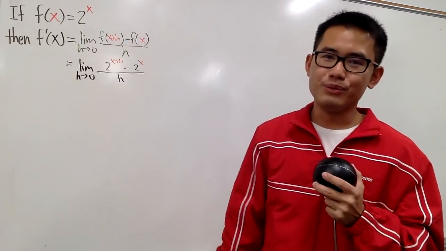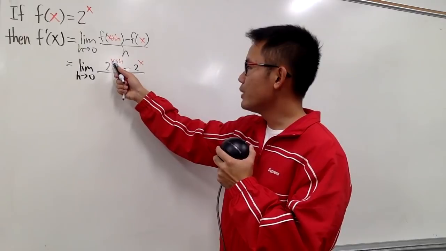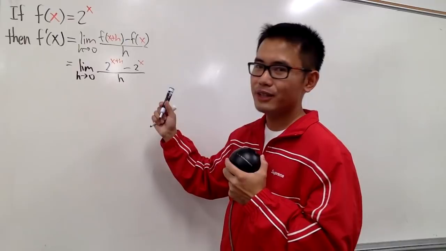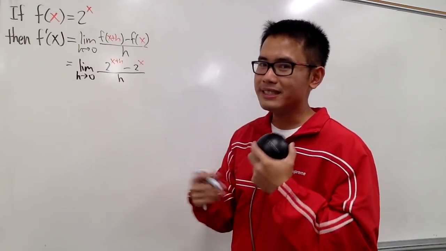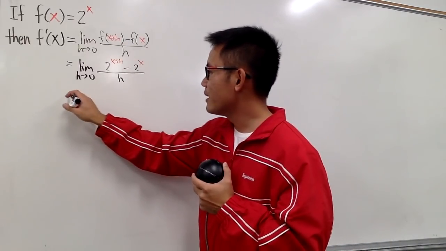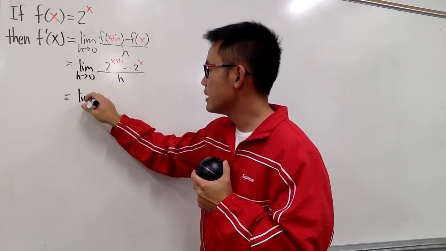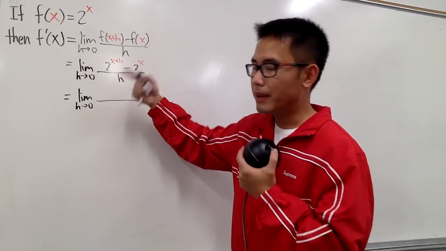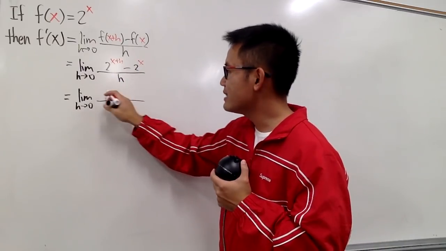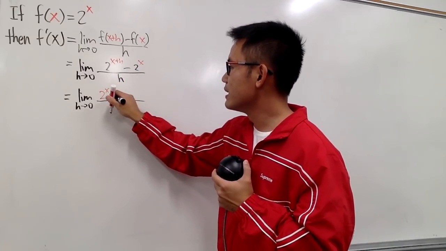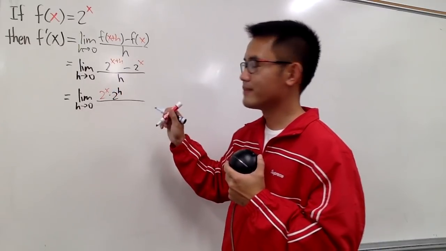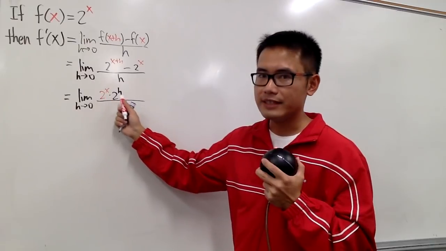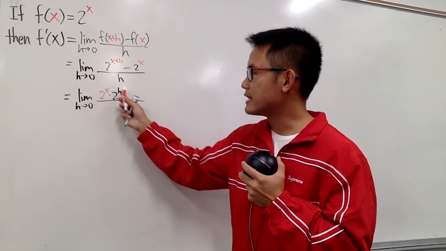Now, what can we do? As we can see, here we have two things adding together in the exponent, 2 to the x plus h. In this case, we can actually separate them. This is the same as the limit as h goes to 0. We can rewrite this by the rule of exponents as 2 to the x times 2 to the h, because when we are multiplying and they have the same base, we can just add the exponents.